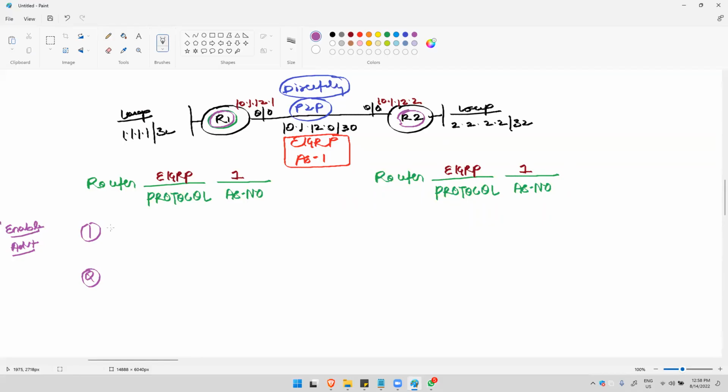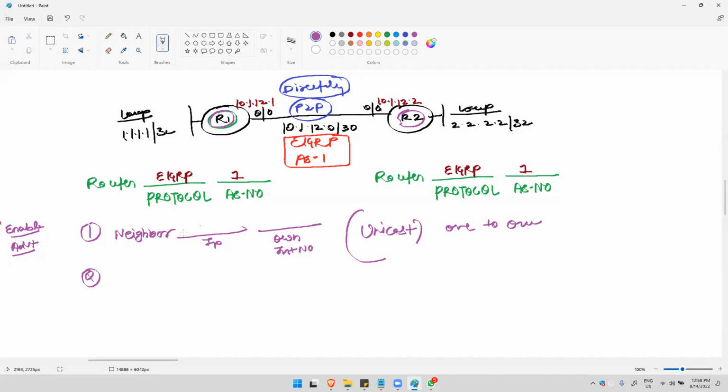If I use the neighbor command, define your neighbor IP and your interface. If you run this command, the process is unicast, and unicast means 1 to 1.